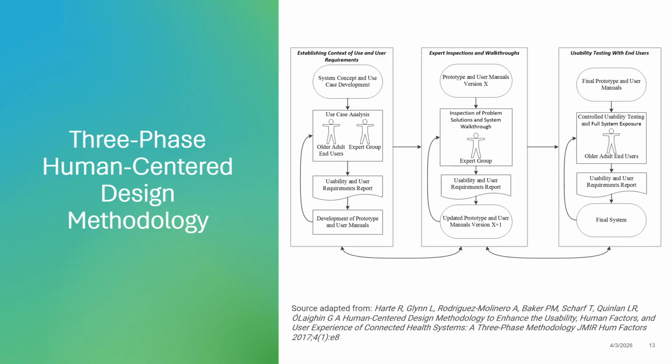Then let's look into the proposed framework or methodology. It was proposed roughly 10 years ago, and it has three phases. In one phase you establish the context, in the second phase you have experts involved in the evaluation, and at the end you have evaluations with the end users.